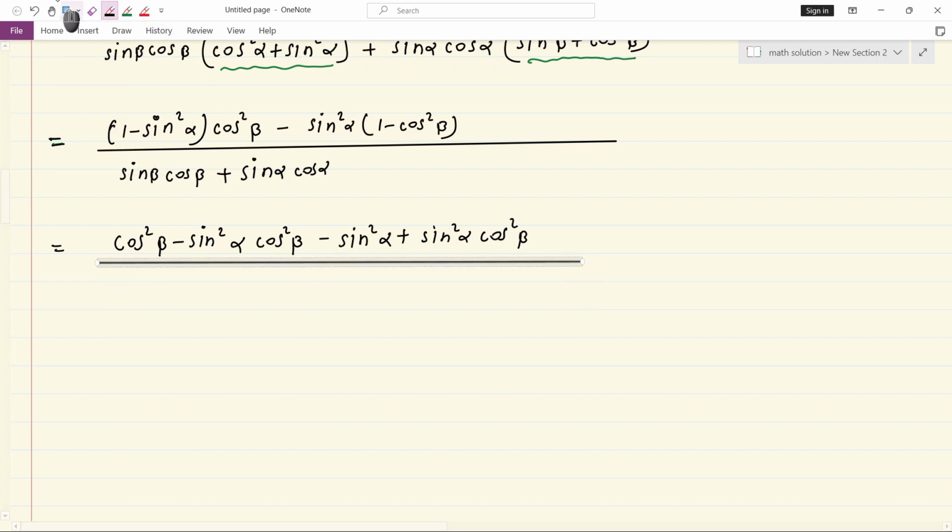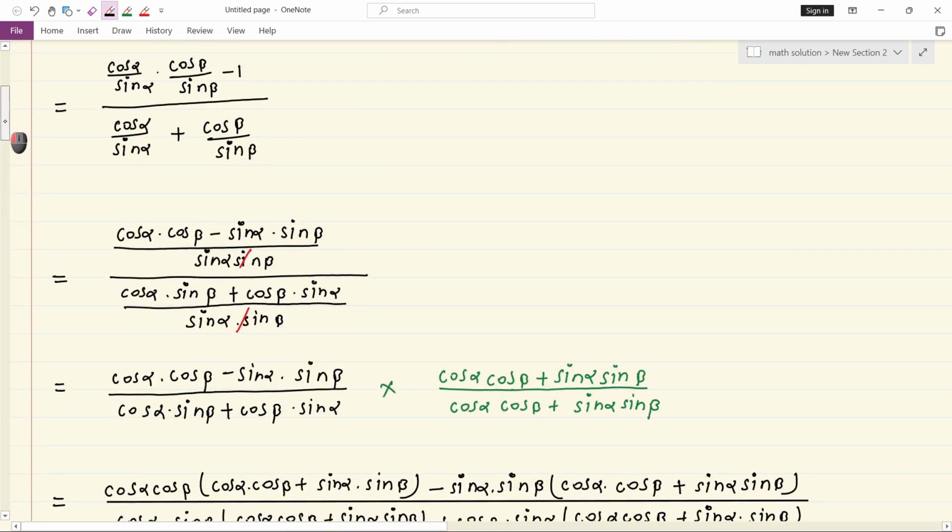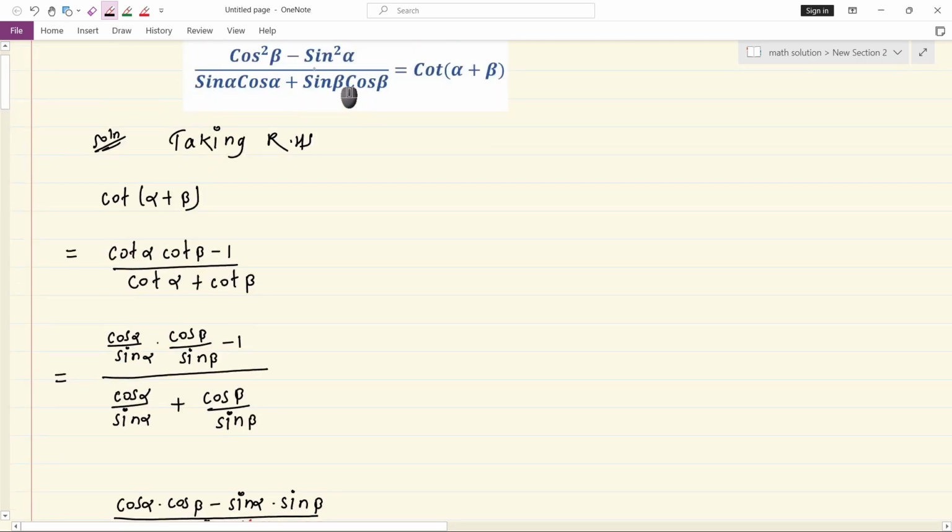Give the fraction first. Write the denominator by arranging it, which will reduce our steps: sin alpha cos alpha plus sin beta cos beta, since that is what we want in the denominator.